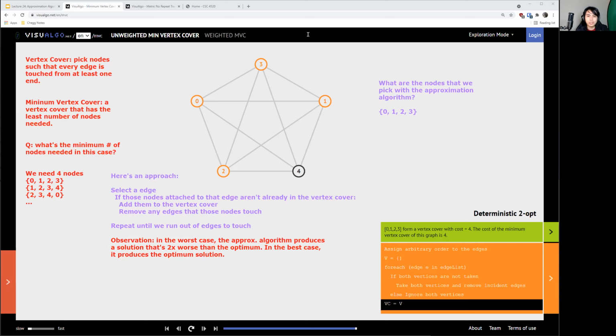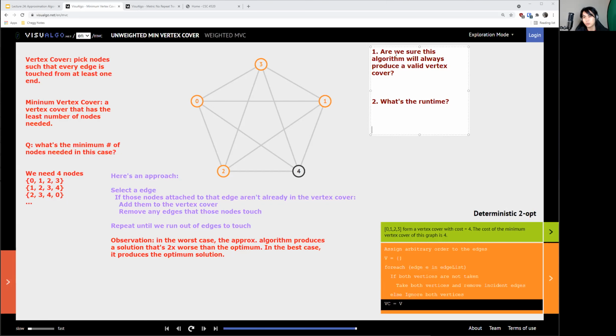Now, there's a couple of things we need to actually think about in order to make sure we understand this correctly. So first thing we need to think about, let's just answer these 3 questions. 1, are we sure this algorithm will always produce a valid vertex cover? In other words, does this always work? 2, what's the runtime? Like, is this actually fast enough to be considered an approximation algorithm?